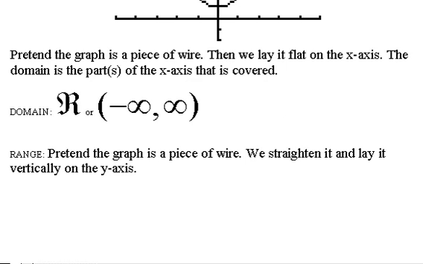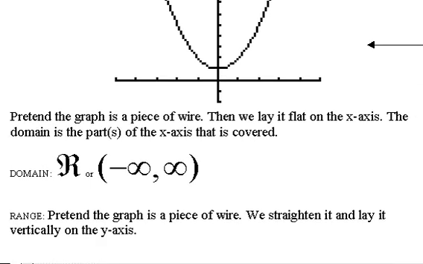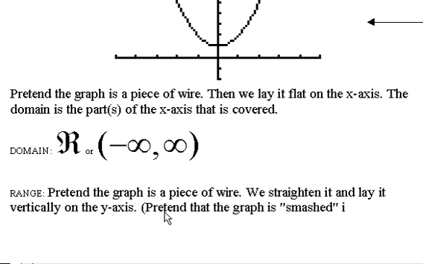So what we're going to do in this example is you don't exactly straighten it. Let's say we pretend that it's in an elevator door, and it gets smashed in the elevator door. So what's going to happen to this graph if that happens?